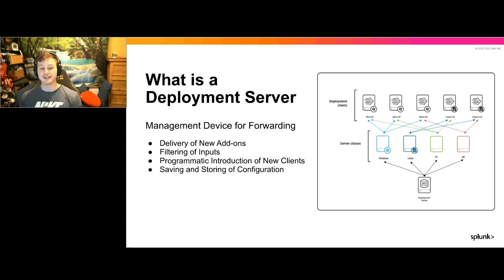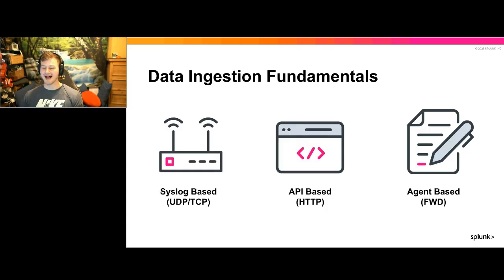Before we get too deep into the deployment server, however, I think it's especially helpful to understand, when we talk about getting data into Splunk, what categories we can sort it into and how we can make it more digestible. When we look at all the different data sources that Splunk can ingest, they really fall into one of 3 categories, right? 99.9% are going to be either syslog-based, API or HEC, HTTP event collector-based, or agent-based.